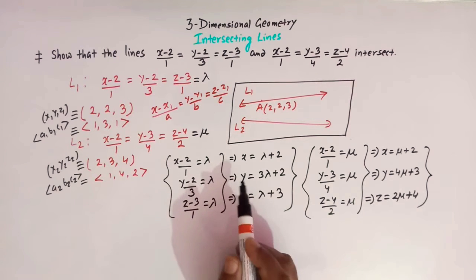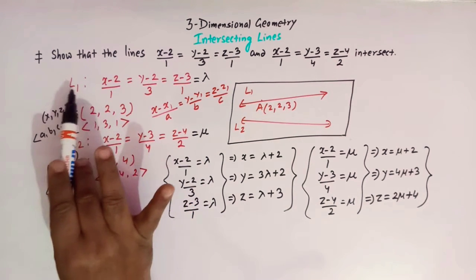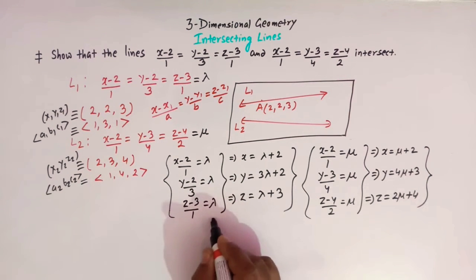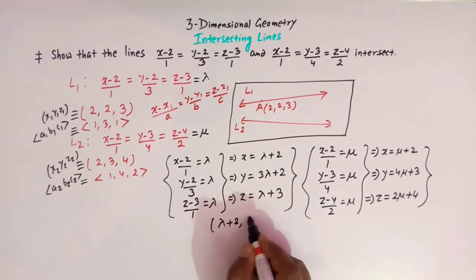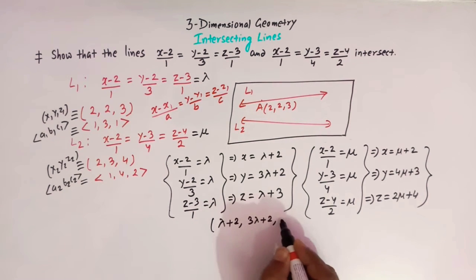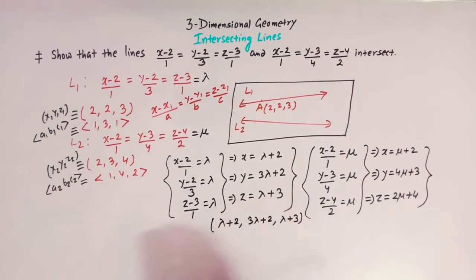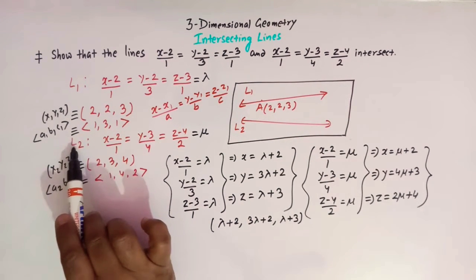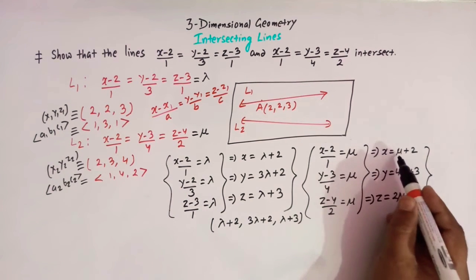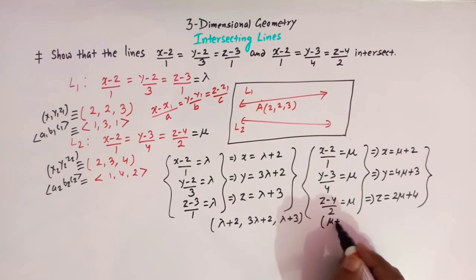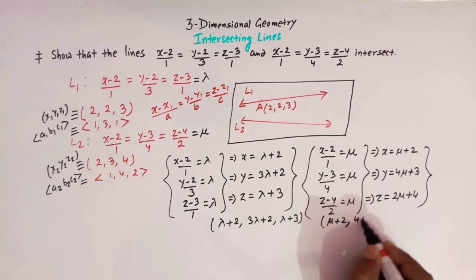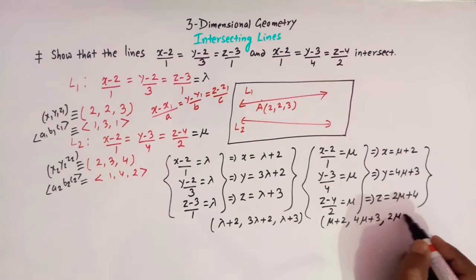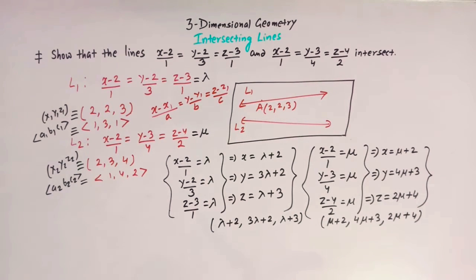So the general coordinates of any point lying on this line L1 is given by lambda plus 2, 3 lambda plus 2, and lambda plus 3, and the coordinates of the general point lying on this line L2 is given by mu plus 2, 4 mu plus 3, and 2 mu plus 4, right?